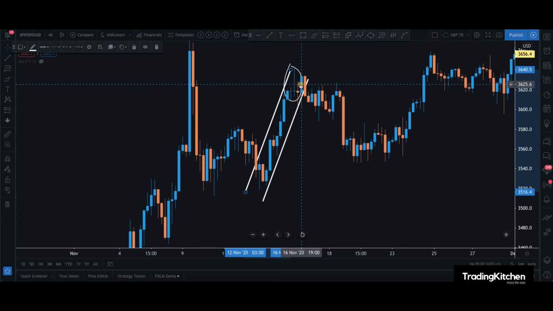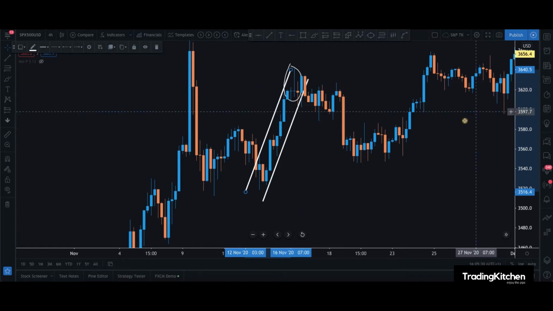Or maybe sometimes, most of the times as well, it is a continuation signal, which means that the last obstacle, we can see that the price is being overcome. So the price can continue to do what it was doing.